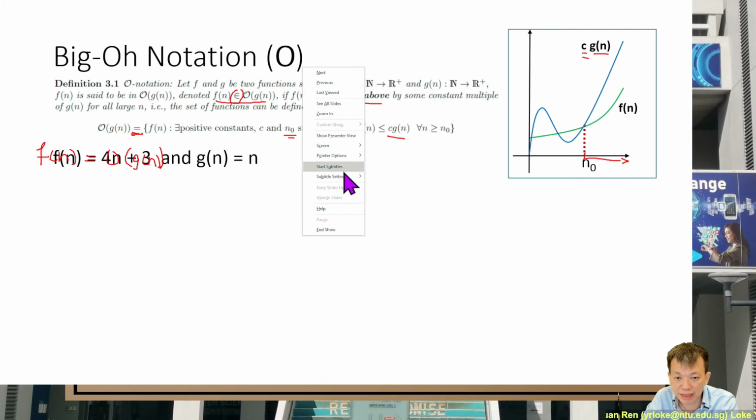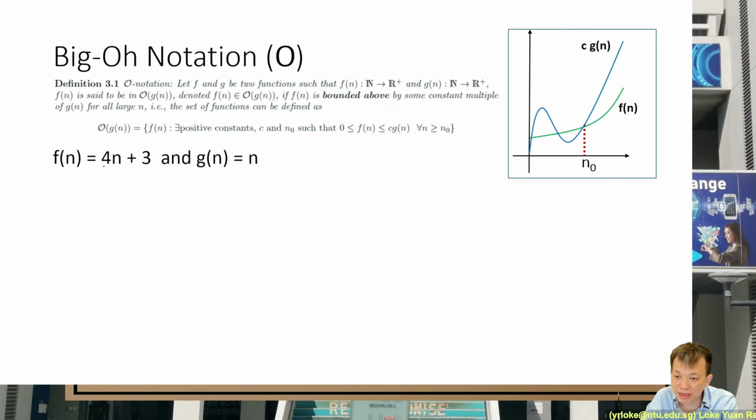So maybe I give you an example. Let's say I have a function 4n plus 3. My f(n) is the time complexity, which is 4n plus 3. My g(n) is n. Is f(n) in O(g(n))?